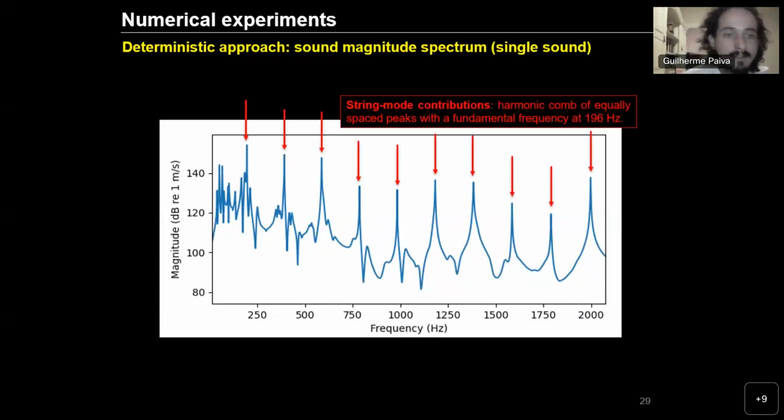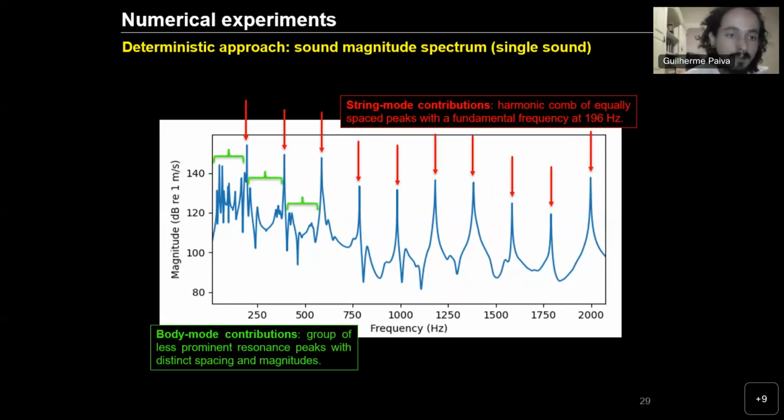In this spectrum, we can identify the string mode contributions, a harmonic comb of equally spaced peaks with a fundamental frequency at 196 hertz. We can also identify the body mode contributions, which are a group of less prominent resonance peaks with distinct spacing and magnitudes.